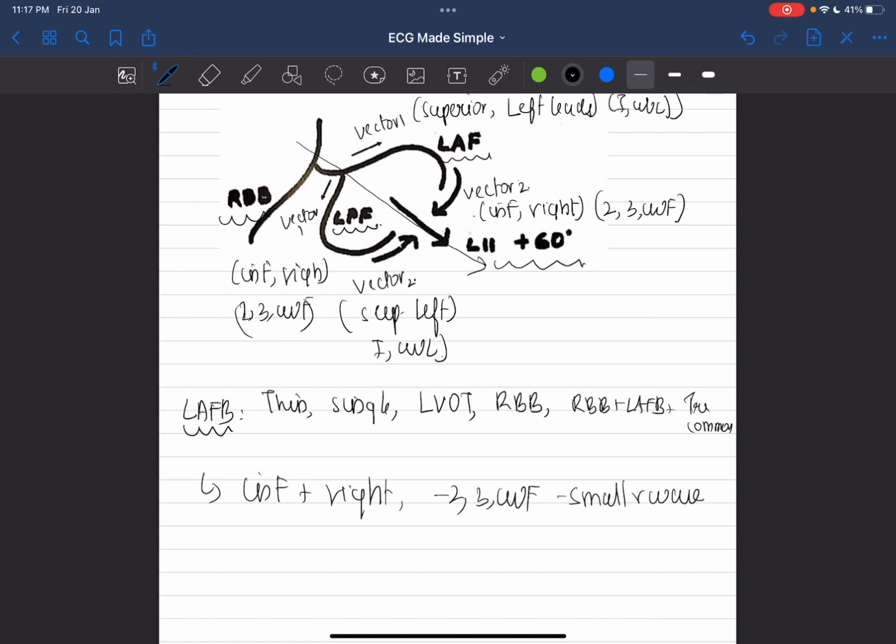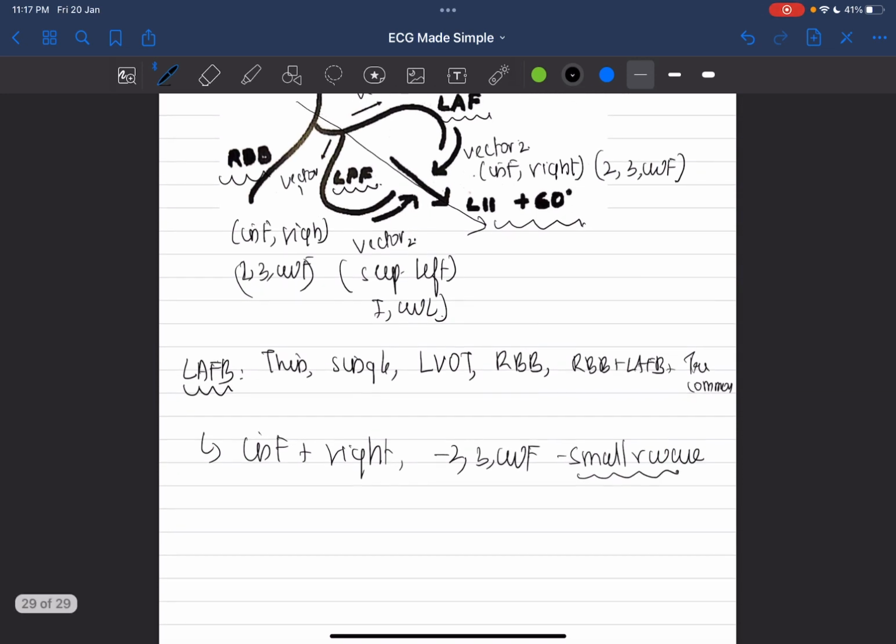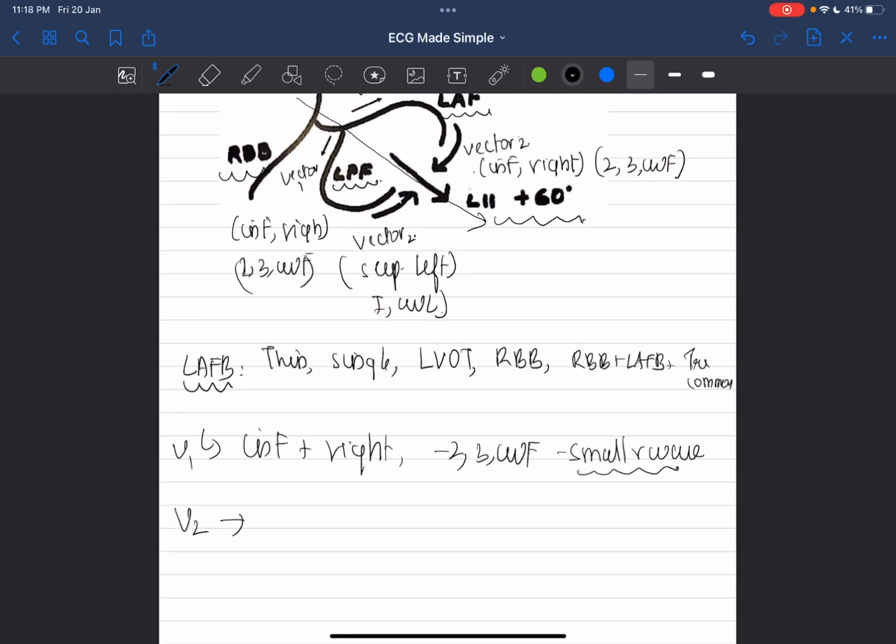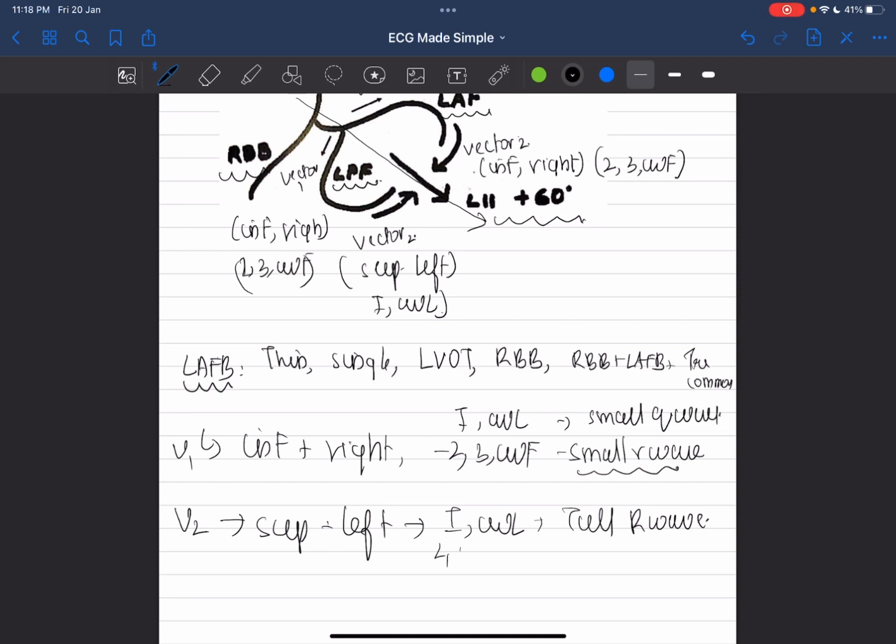Then the second vector, the main vector, will go superior and towards the left. So lead 1 and aVL will have a tall R wave. And because vector 1 goes inferior towards the right, lead 1 and aVL will have a small Q wave. Leads 2, 3, and aVF will have a deep S wave.